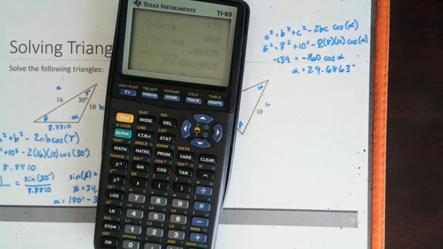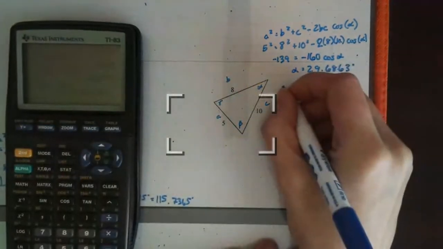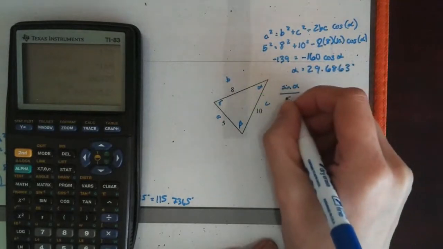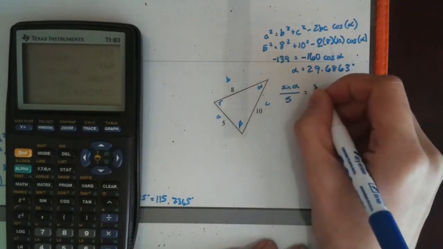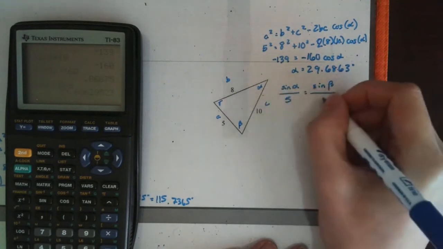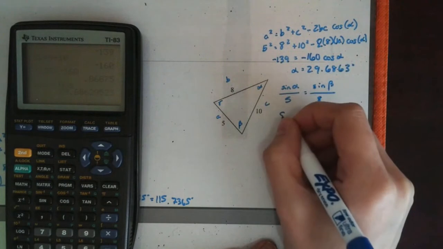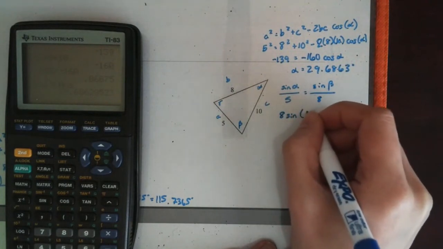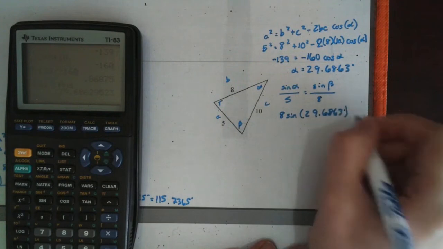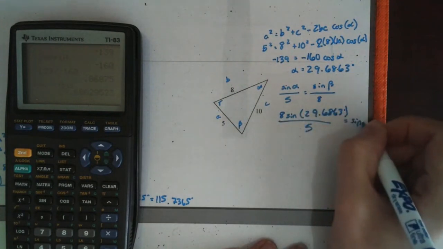And now that I have angle alpha, I can use my law of sines. Because the sine of angle alpha, which I just found, over side A, which is 5, is equal to the sine of angle beta over side B, which is 8. If I multiply both sides by 8, I get 8 times the sine of alpha, and we said alpha is 29.6863 degrees, all over 5 is equal to the sine of beta.